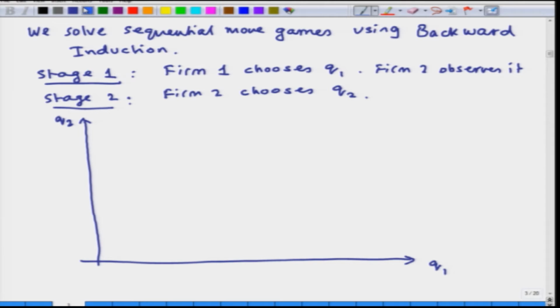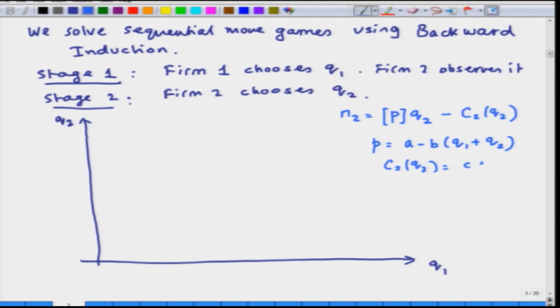Notice we have already solved stage 2, which is firm 2's problem, when we solved the Cournot model, because in the Cournot model the profit of firm 2 was the price times the quantity that it chose minus the cost of firm 2, and the inverse demand function P is equal to A minus B times (Q1 plus Q2), and the cost of firm 2 is simply C times Q2, where little c is the marginal cost.